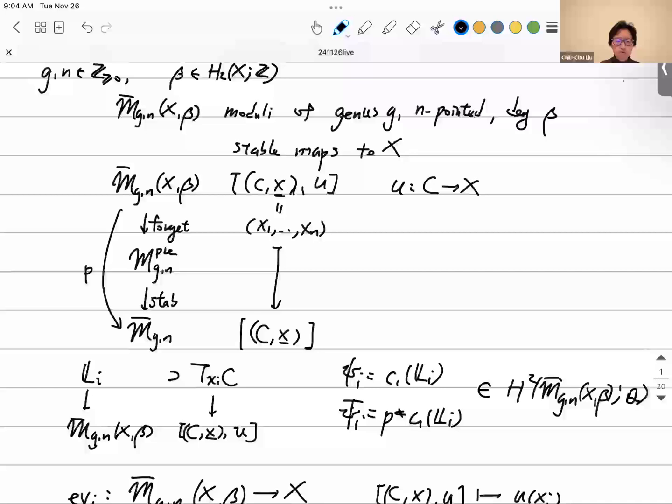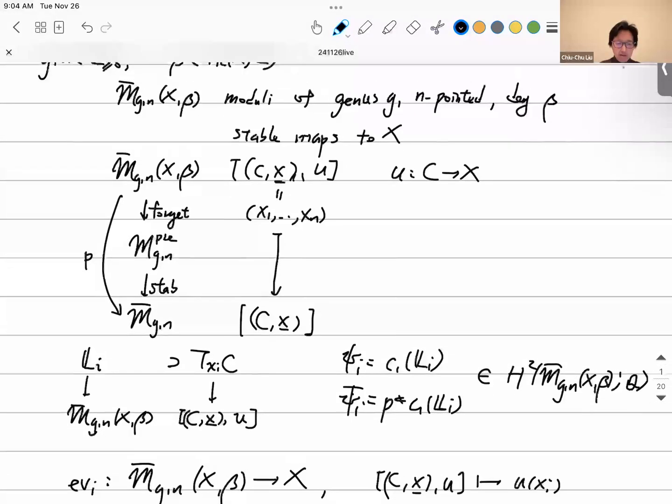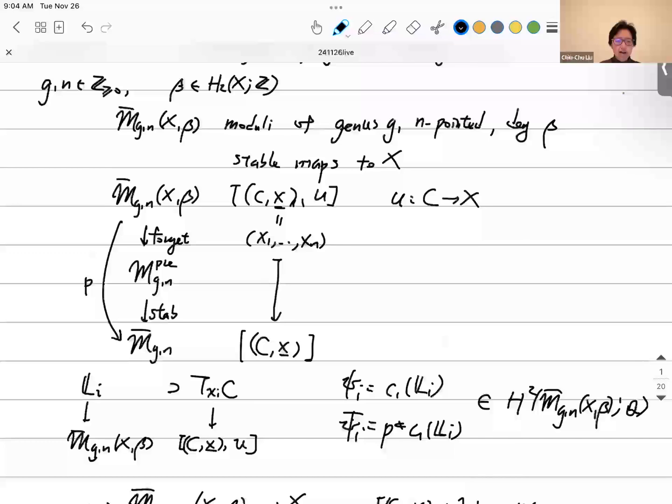Also recall that over M-bar g,n,X,beta we have a line bundle L_i, one for each marked point, the cotangent line at the i-th marked point, and the psi class is the first Chern class of this L_i.